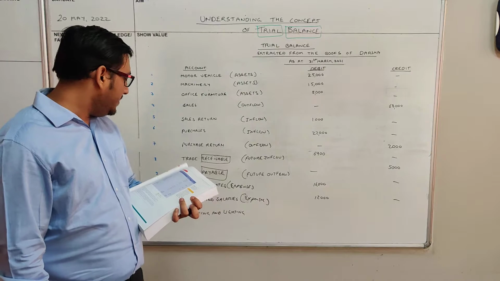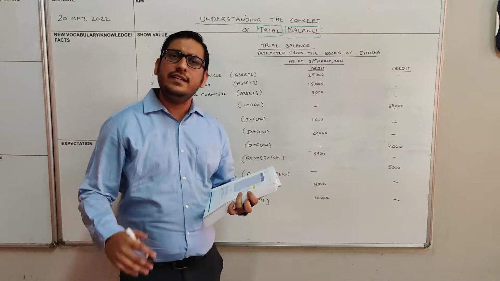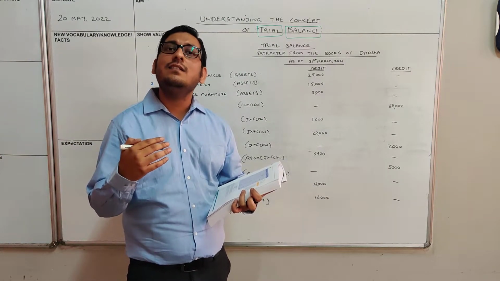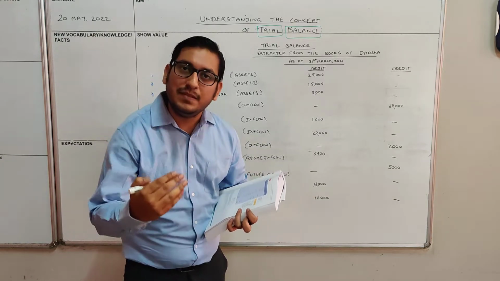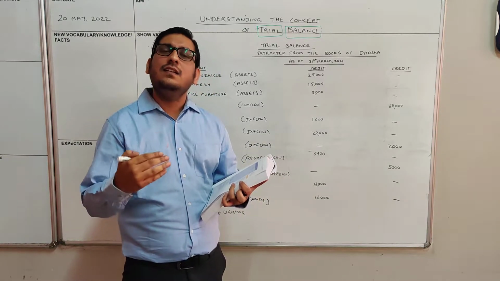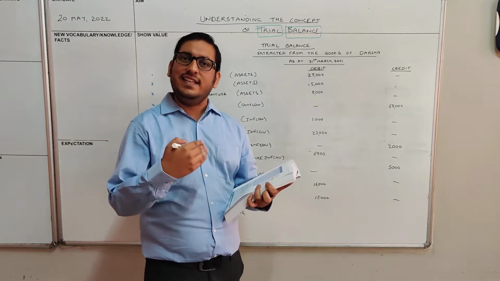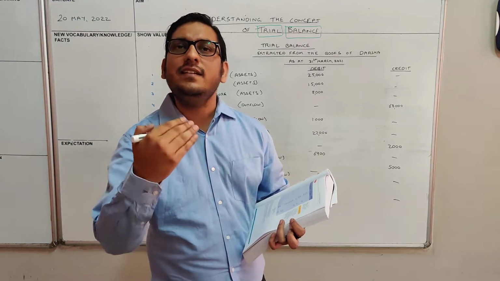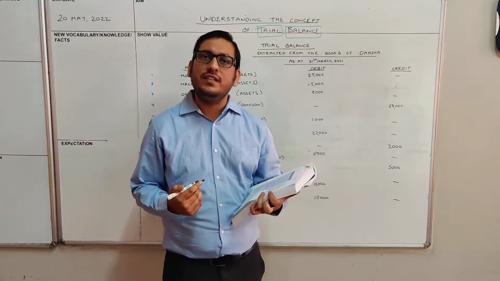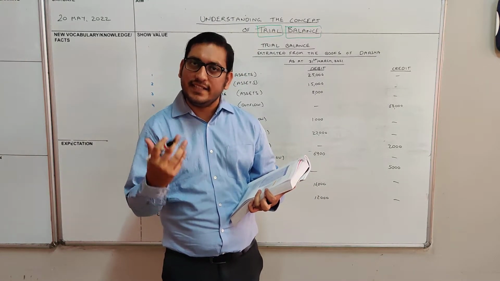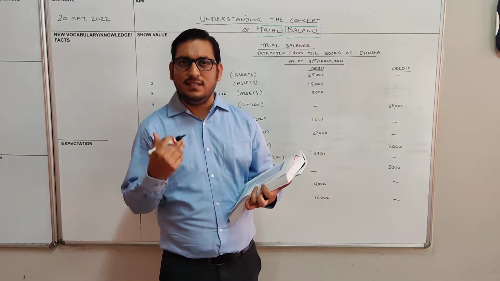Then comes heating and lighting. It is also a business expense. In layman's language, it is electricity charges. In the manufacturing industry, they use lights and heat for the production of goods and services.